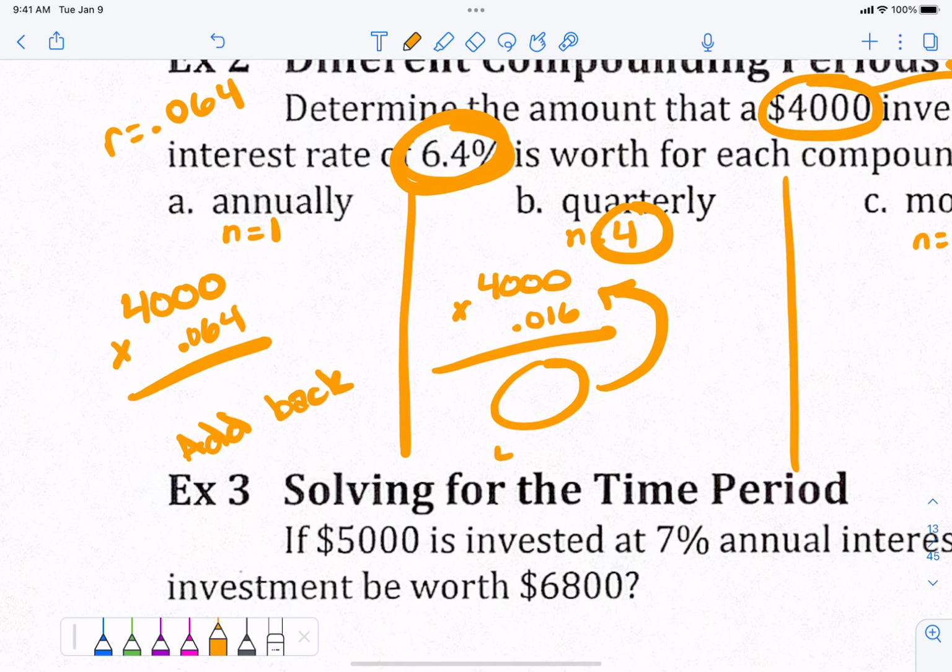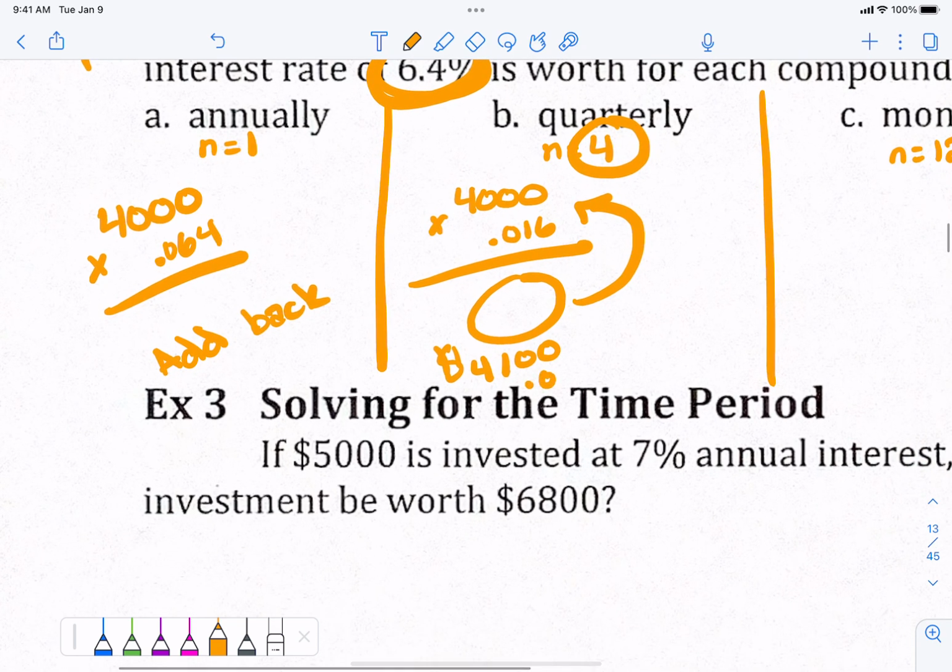Let's say it ends up being about $4,100. I don't know exactly what it is, but whatever. Then at the end of the second quarter, I multiply the 4,100 by 0.016 and add that back. And I'm going to do that 4 times over the course of the year.